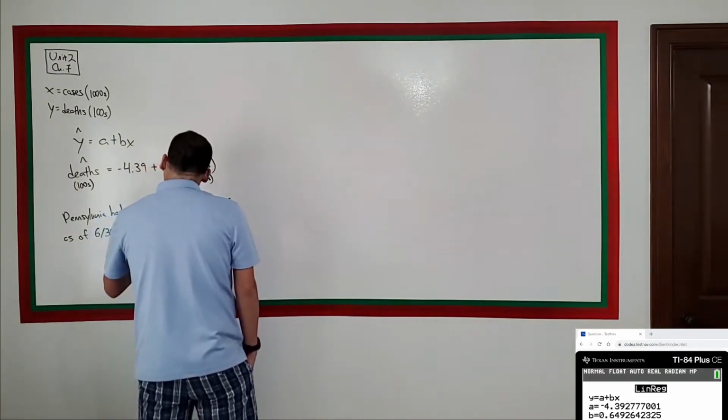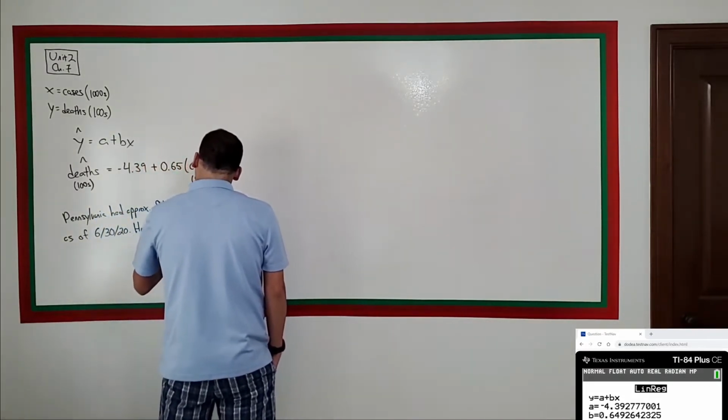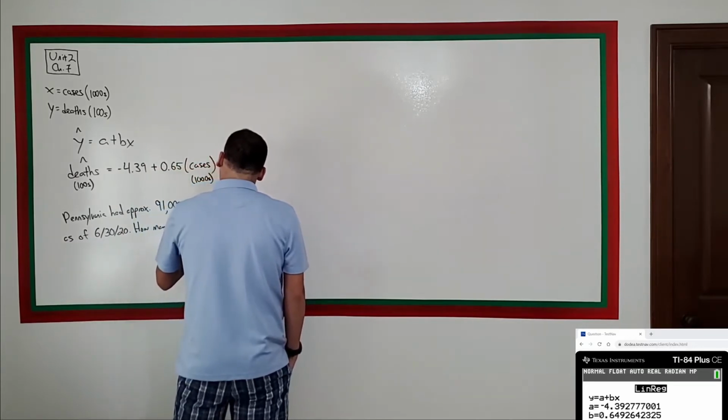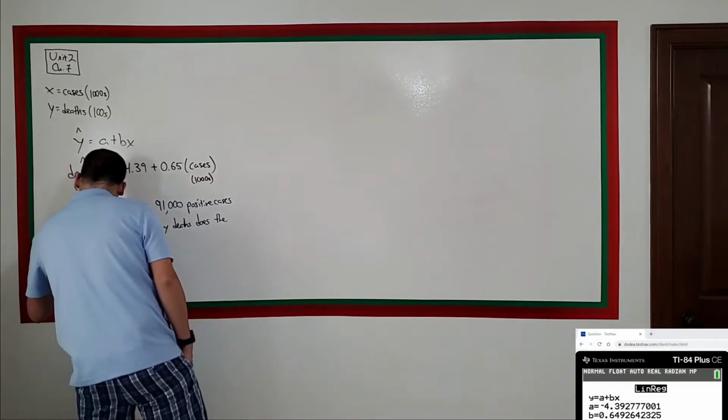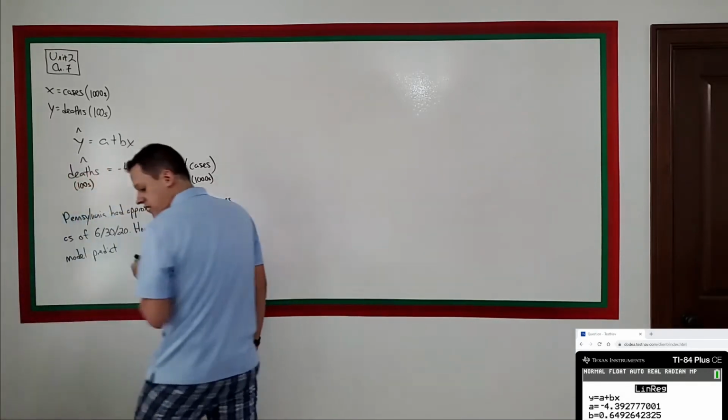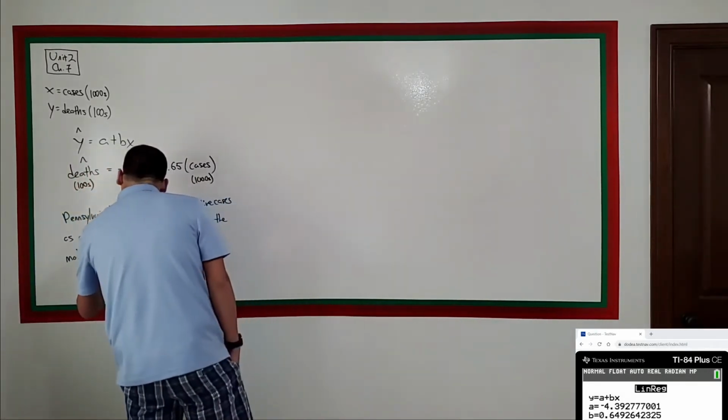How many deaths does the model predict for Pennsylvania?